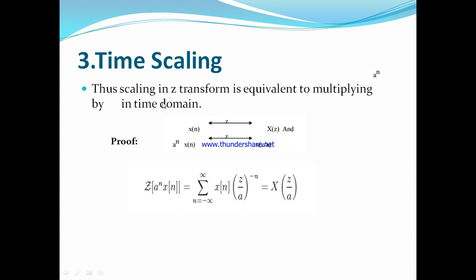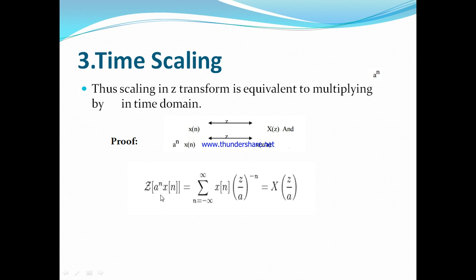Next, the time scaling property. In the time scaling property, we are multiplying a power n in the time domain. Here a power n into x of n means we will get X of z by a. Now we are going to see the proof.